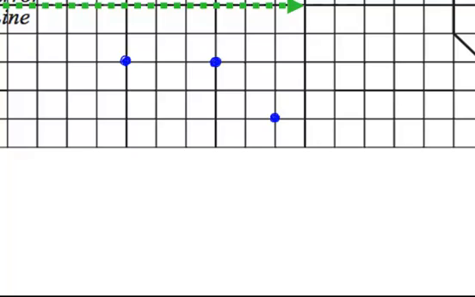This one is 1, 2, 3, 4, so again we're going to do 1, 2, 3, 4, and we end up over there. And so we can see that the reflected shape using the mirror line in green is right like this. Okay, so same shape but reflected in that mirror line.